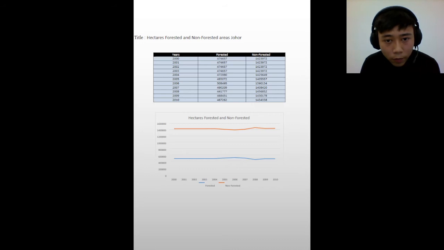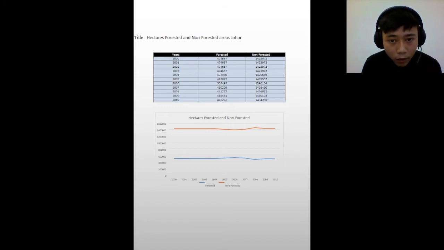In 2002, forested value is 474,000, and non-forested 1.42 million also. In 2003, hectares forested is 474,000, and non-forested 1.42 million.